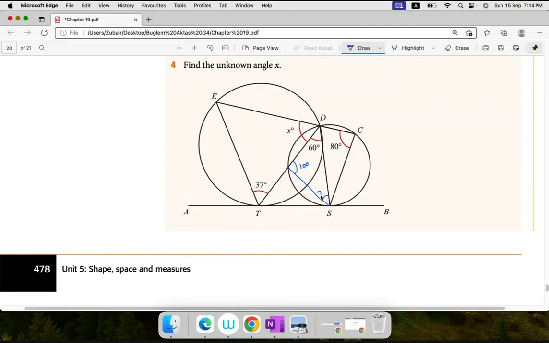This is 20. Maybe we'll use it somewhere. This is 37 and x. And this is the tangent. If this is the tangent, angle in alternate segment, this should be equal to x. That's unknown.